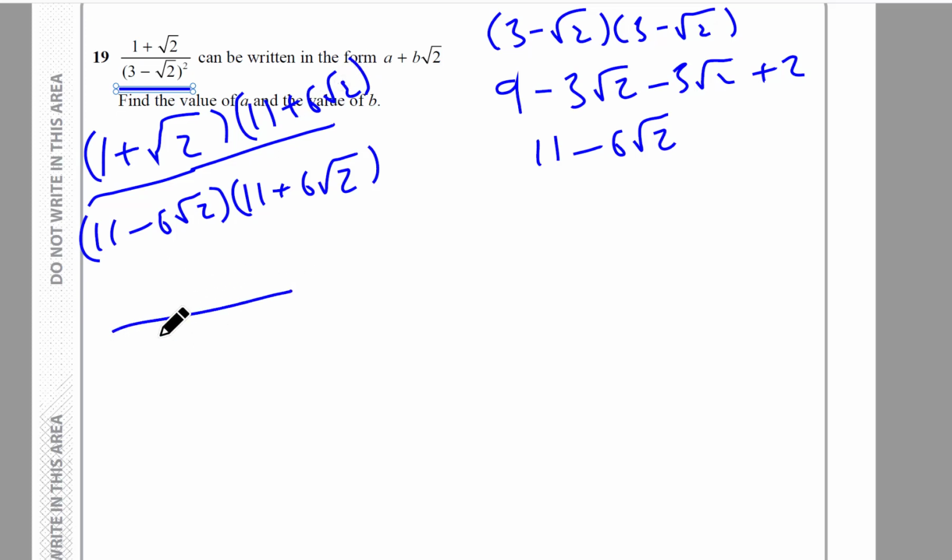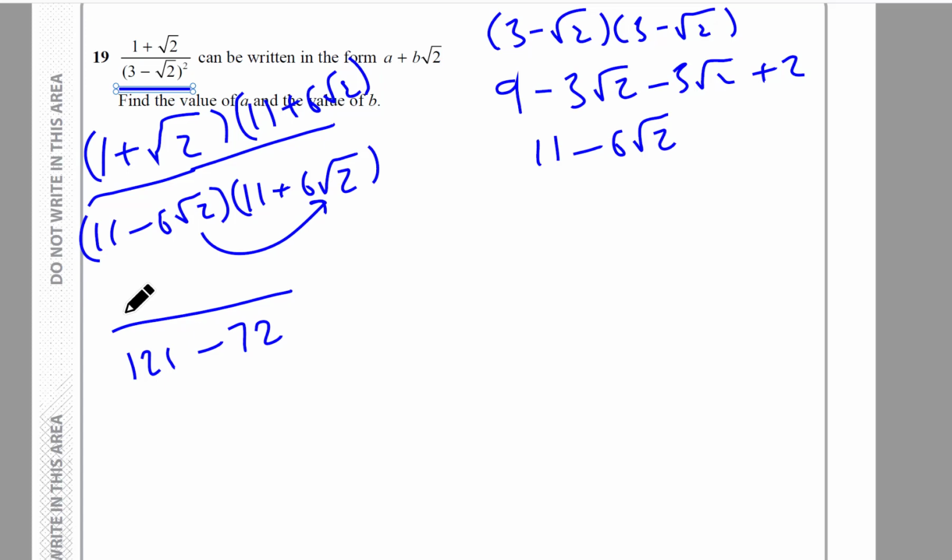So hopefully you can do the short form, which is going to be 11 times 11, which is 121, minus these two multiplied together, because the middle terms will cancel. That's going to be 36 times 2, which is minus 72.